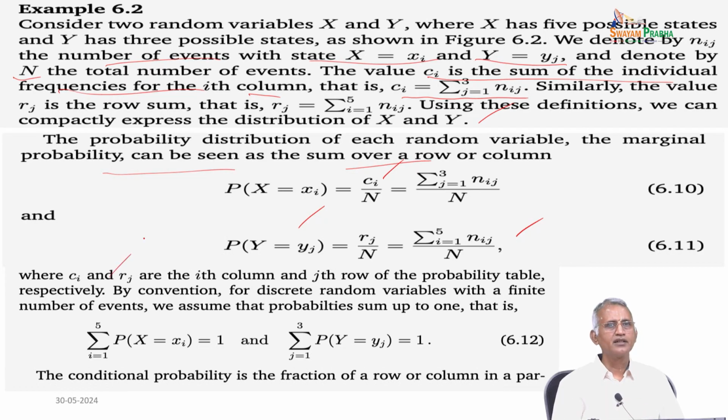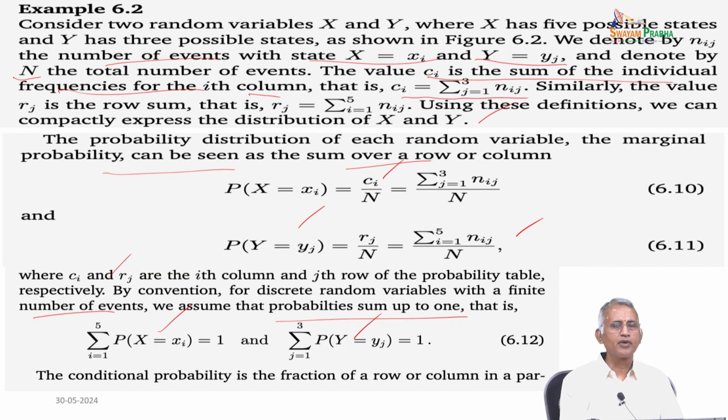By convention, for a discrete random variable with a finite number of events, we assume that the probabilities sum up to 1: probability of x equal to x1, x2, x3, x4, x5, summed, the maximum probability value is 1. Similarly, corresponding to y, probability of y equal to y1 plus y2 plus y3, summed, the maximum is 1.